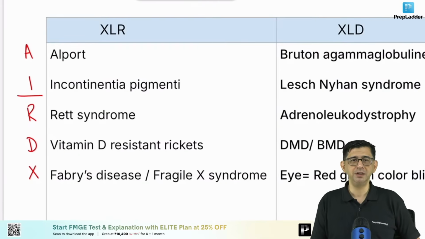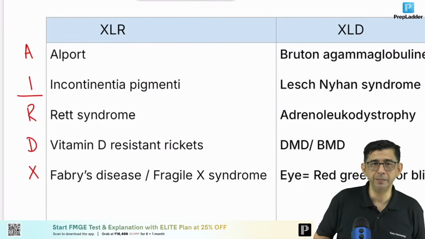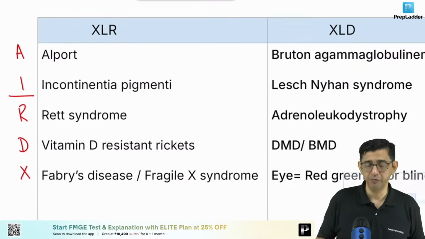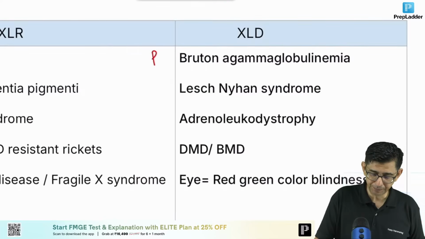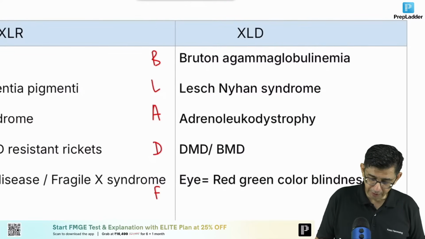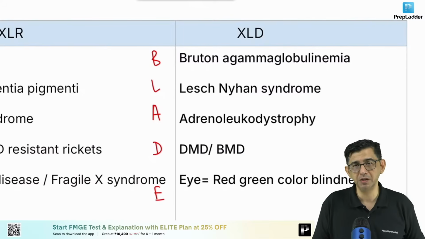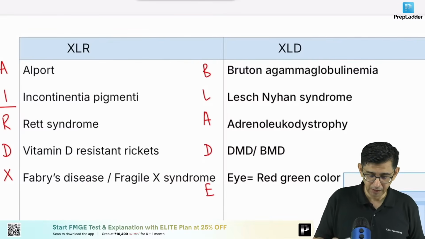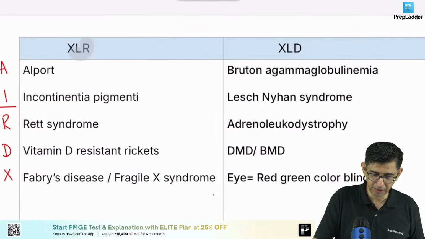So Alport, Incontinentia pigmenti, Rett, vitamin D resistant rickets, Fabry's, and Fragile X are what you can read regarding XLD. And for XLR, it's BLADE as a mnemonic. I have deliberately not started with hemophilia A because hemophilia A and B are easily remembered by us. So try to remember those which are X-linked dominant and X-linked recessive. I think this is reversed, so I'll just correct it here.